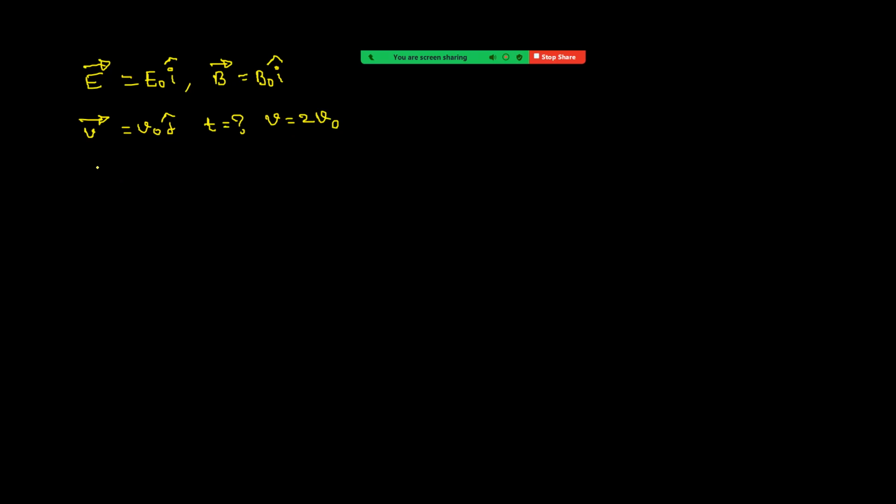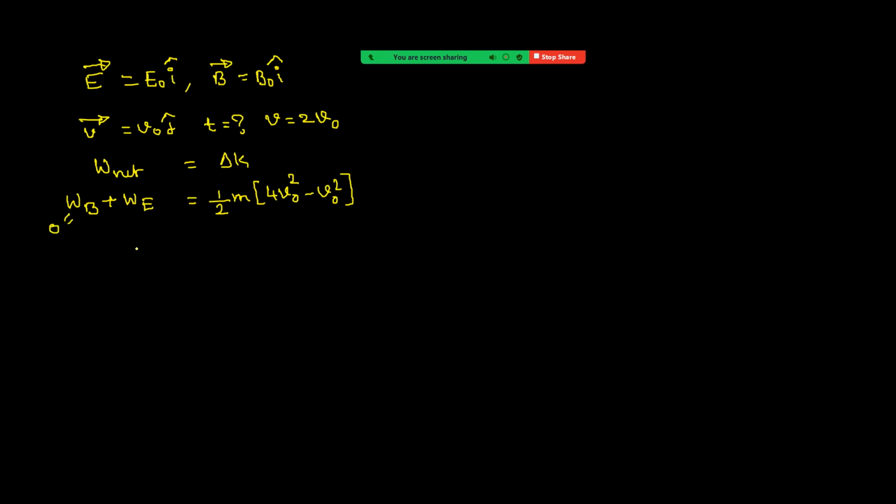So we can use net work is equal to delta K, which is nothing but the work energy theorem, because we know delta K. Net work means work done by magnetic force plus work done by electric force, equal to delta K, half m into 4 v naught square minus v square, right? And we have learned that by magnetic force no work is done.